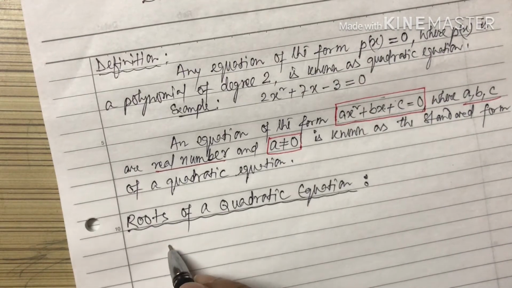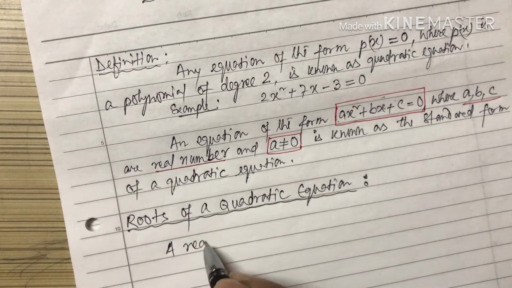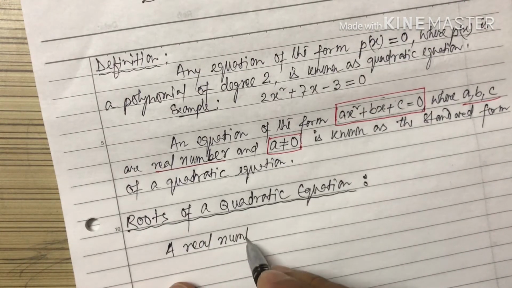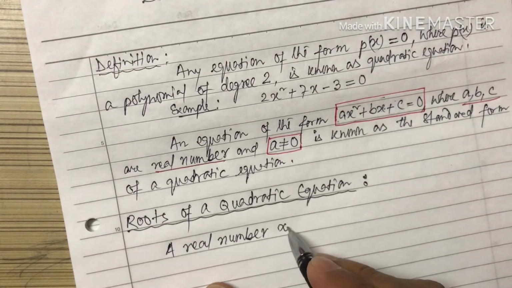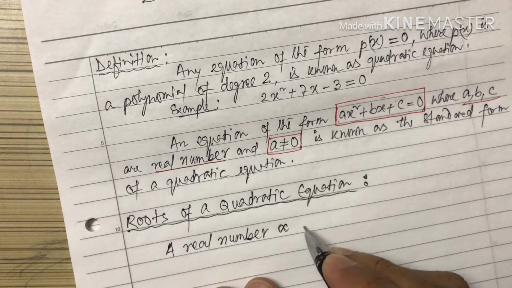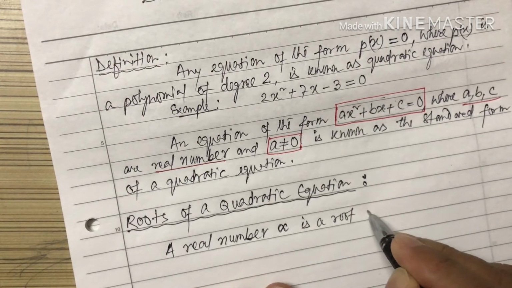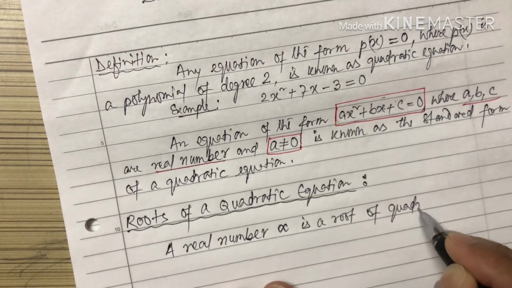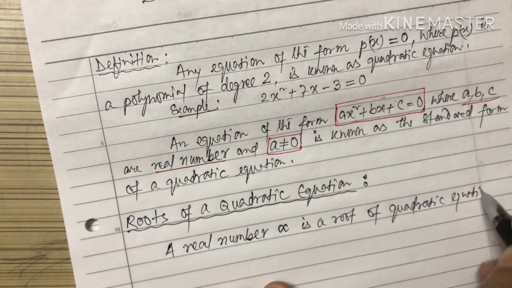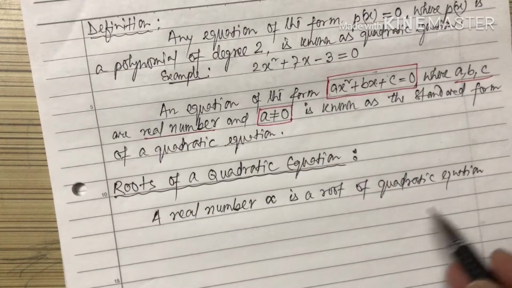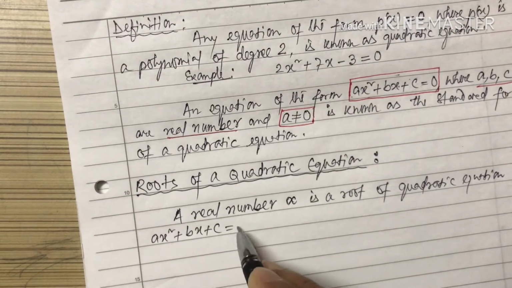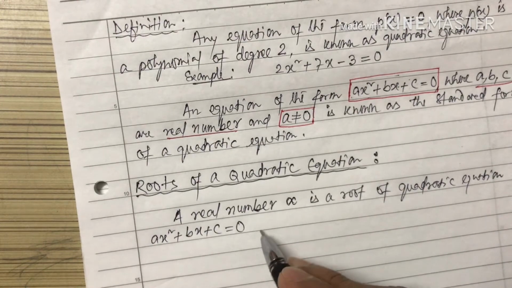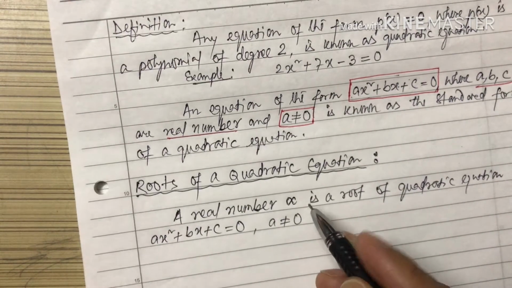Suppose I take a real number. Remember, we will deal with real numbers only. Suppose a real number alpha is a root of the quadratic equation, and let me write it in the standard form, ax² + bx + c = 0, where we know a should not be 0.